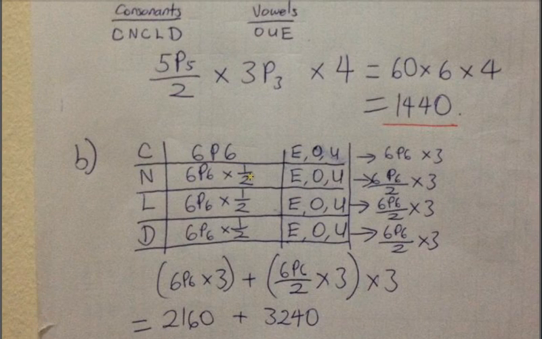However, we divide by 2. Similarly, we will end with either an E, O, or a U. Therefore, the permutations is 6 permutate 6 positions divided by 2 multiplied by 3. Now, since starting with N, L, or D is similar, we simply multiply by 3 times of it.